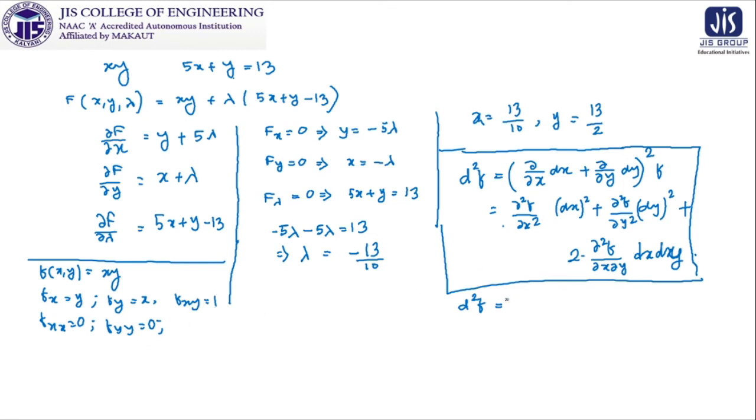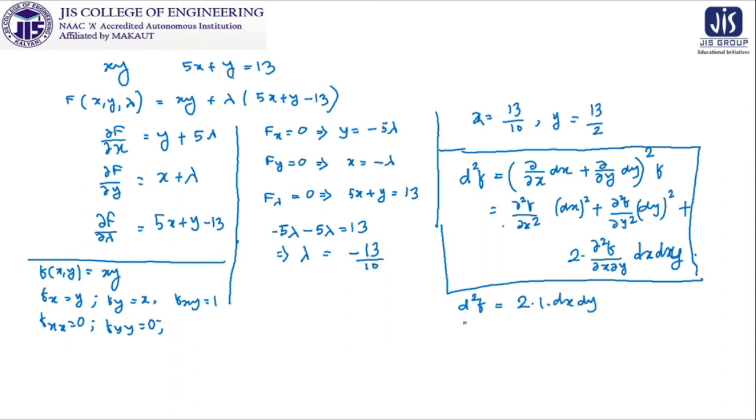So we get it here, fxx 0, so nothing to write, fyy 0, so nothing to write. So only the last term gives us 2 into 1 into dx dy.